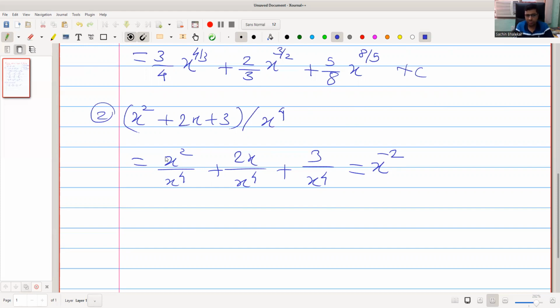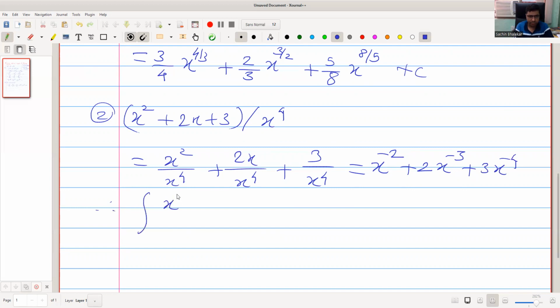Okay, so x raised to minus 4 into x raised to 2. Simply it is x raised to minus 2 plus 2. Numerator power is 1, denominator is 4. So 1 minus 4, it is x raised to minus 3. And similarly, here it is 3 into x raised to minus 4. And now we can integrate.